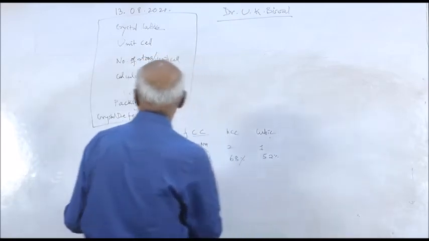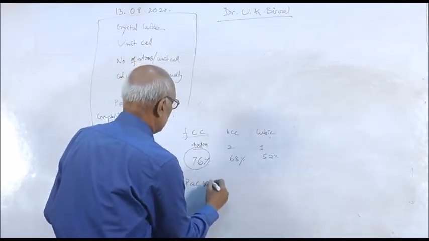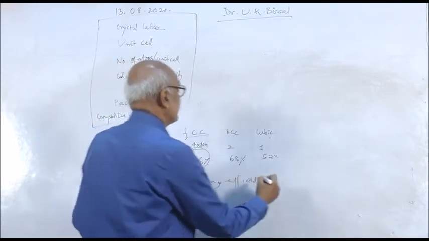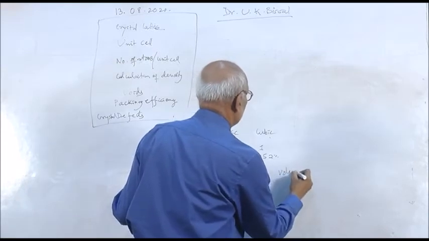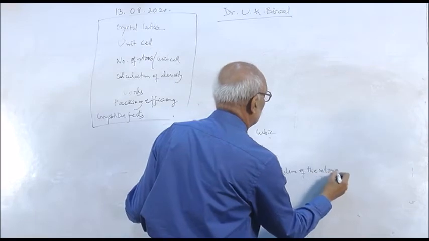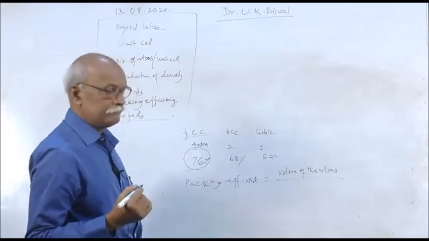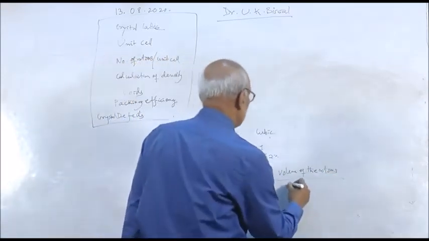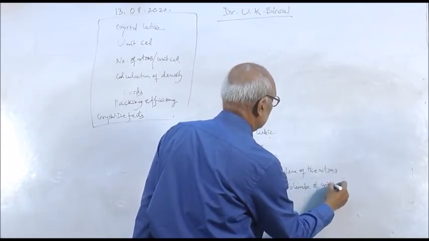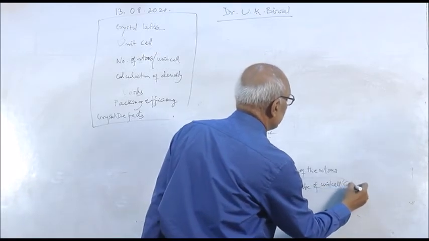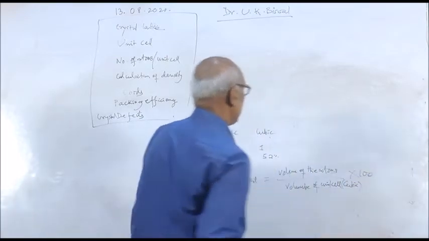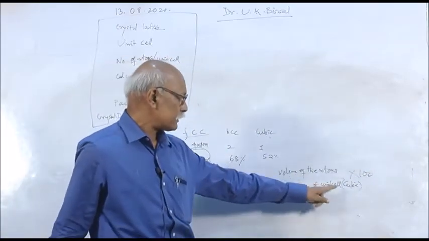The packing efficiency you can calculate like this: volume of the atoms divided by volume of the cube or volume of the unit cell, into 100. Here I am considering the cubic unit cell.